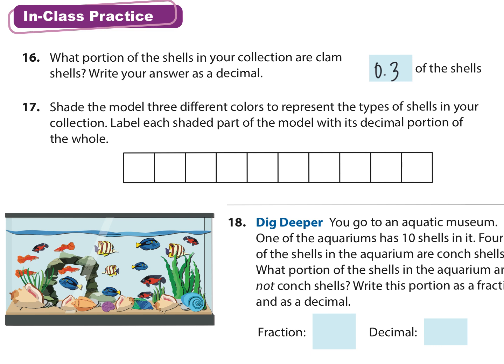Okay, so let's look. We know we have 3 clam shells, so I'm going to go ahead and shade in 3 pieces. Red. And then there were 2 scallop shells. And then there are 1, 2, 3, 4, 5 conch shells.